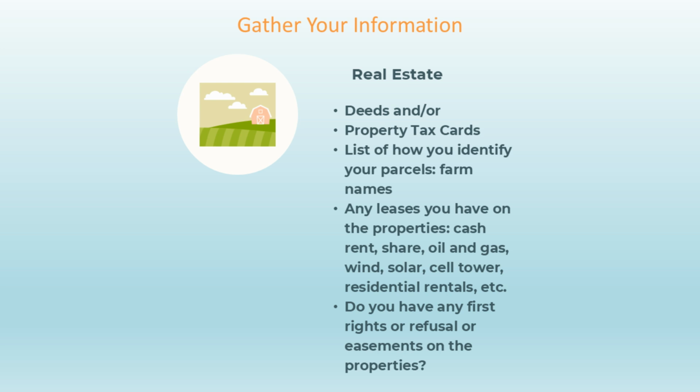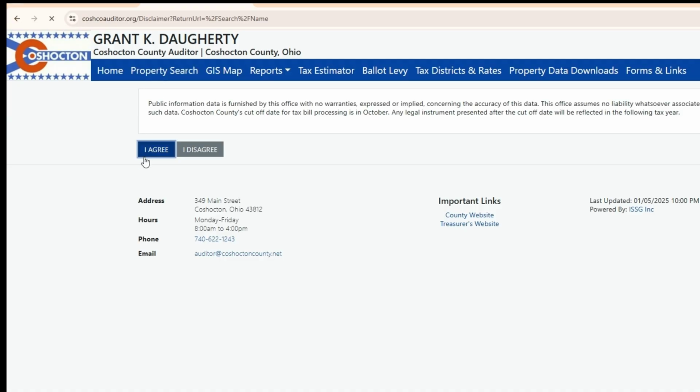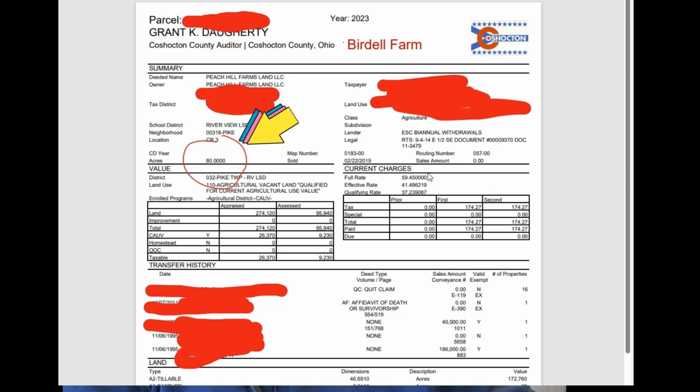Usually the best place to start is with the tax cards or the bills you get for your real estate taxes from the county auditor. This information is really helpful because it will usually include the acreage, who the owner is, the location, and then it's always helpful if you write on the tax card or use a sticky note and include what the name of the farm is that you use.